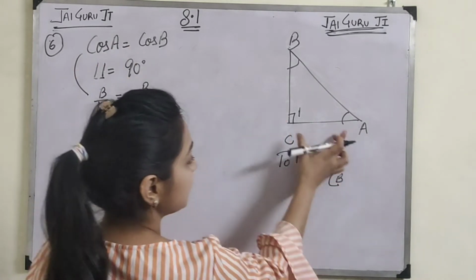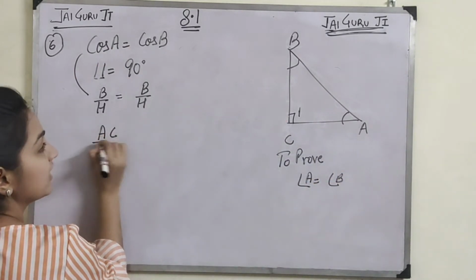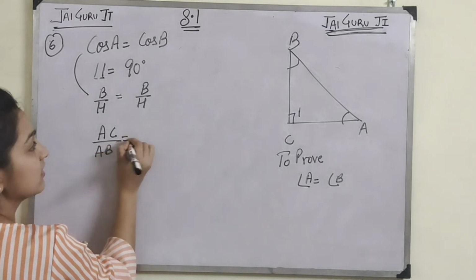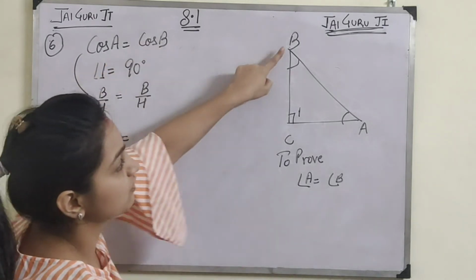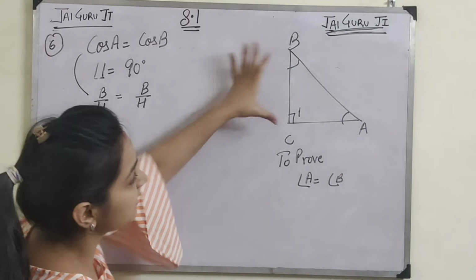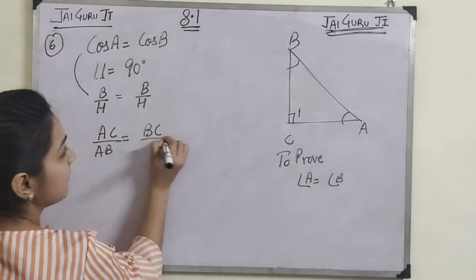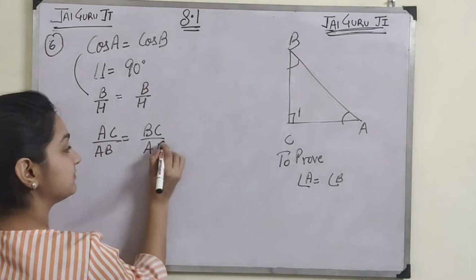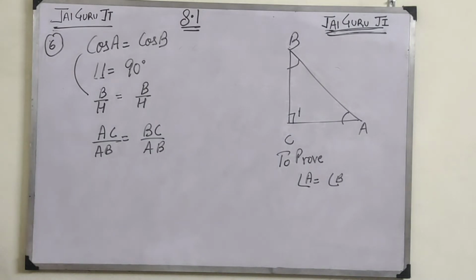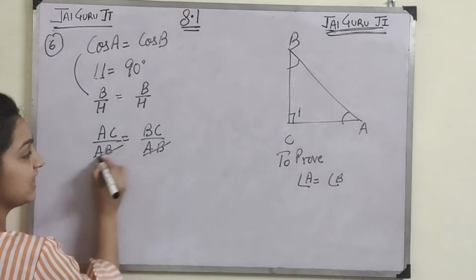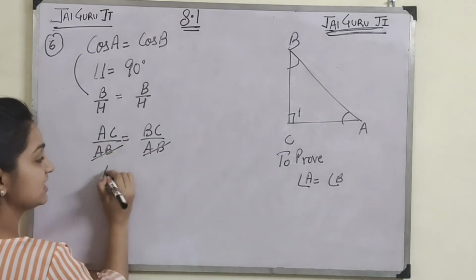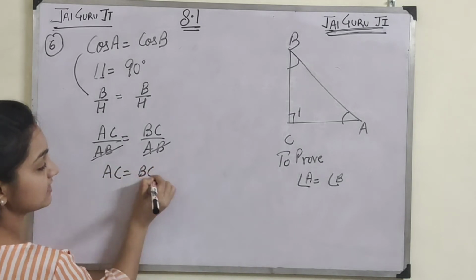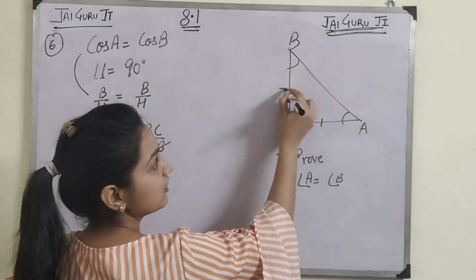So what is the base in this? AC upon AB. And if I take cos B, then what becomes my base? BC upon H would be same. If I consider these two, AB is cut from AB, AC is equal to BC has come to me. AC, this side is equal to this side.